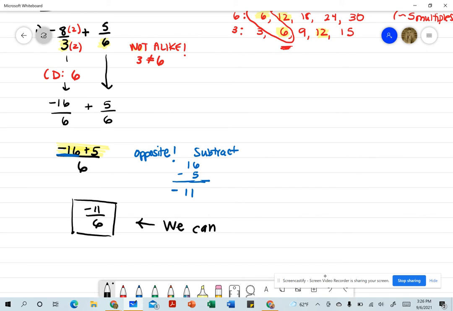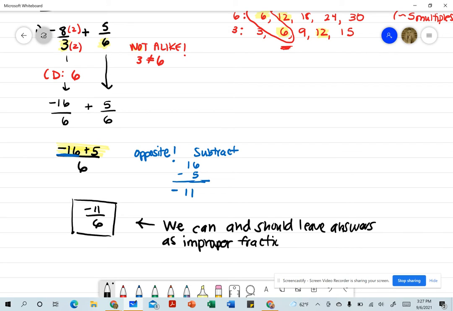We can and should leave answers as improper fractions. So people think simplify means convert to a mixed number.